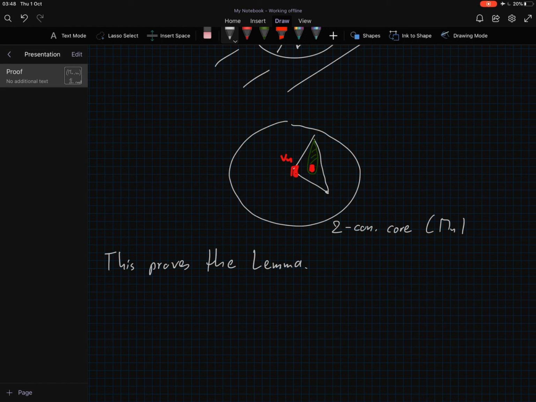Let's say Q of z is the probability generating function of the root degree of M infinity star, and let Qk denote its coefficients.